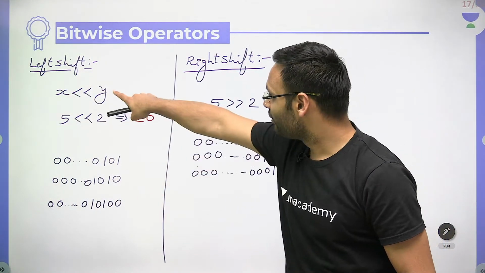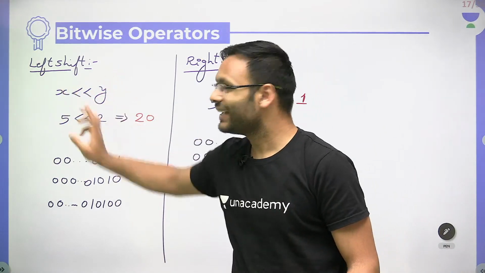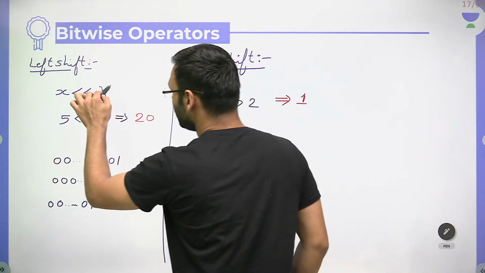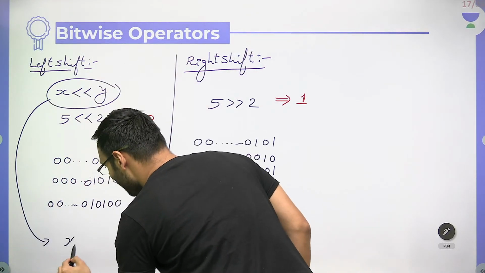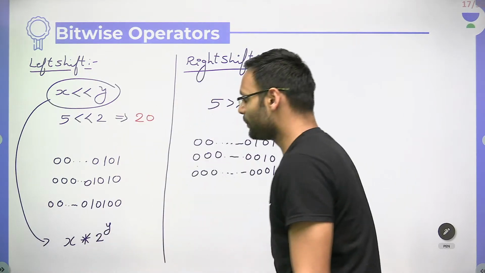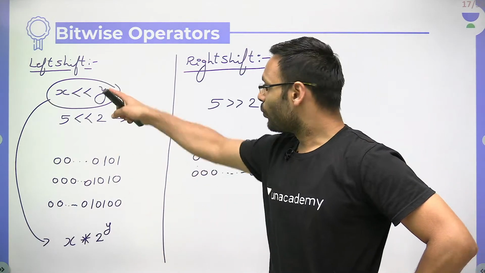If you are shifting any value y times, you are multiplying x by 2 to the power y. So the meaning of x left shift y is nothing but the final value you will get is x into 2 power y.